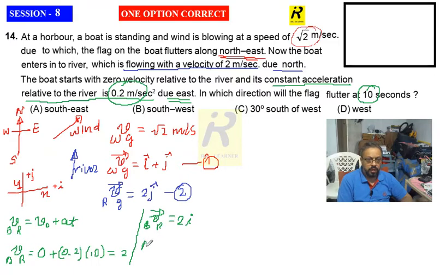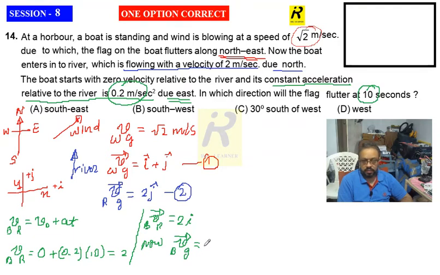And now I have to write the relative velocity of the boat with respect to the ground. A buddy who is standing on the bank of the river watches the boat moving in some different direction.